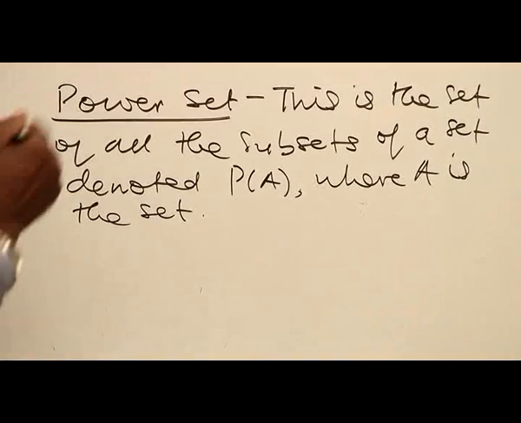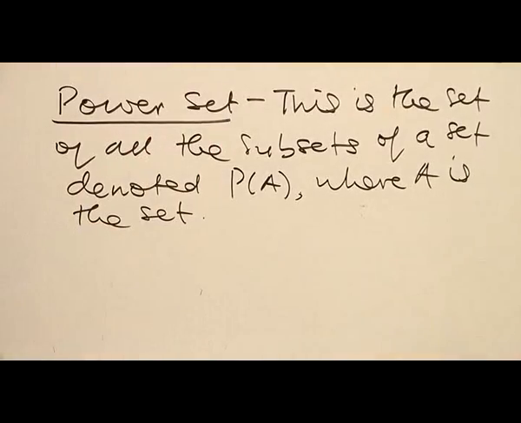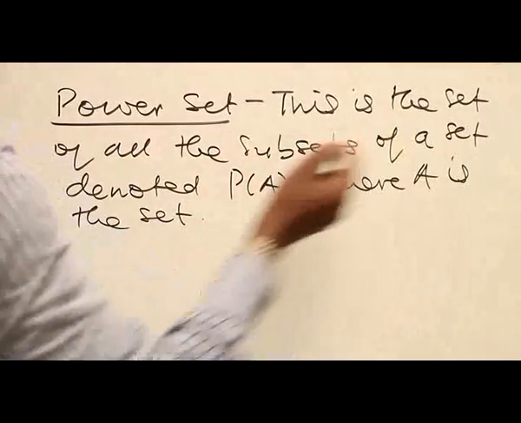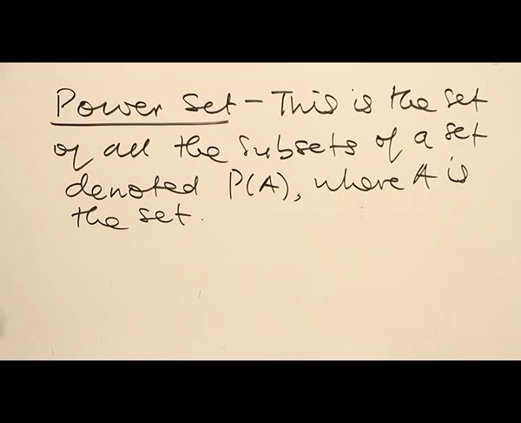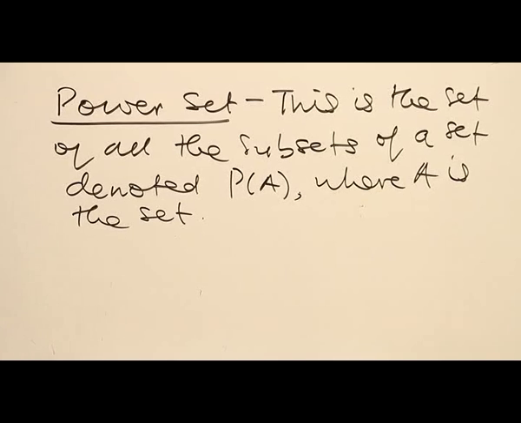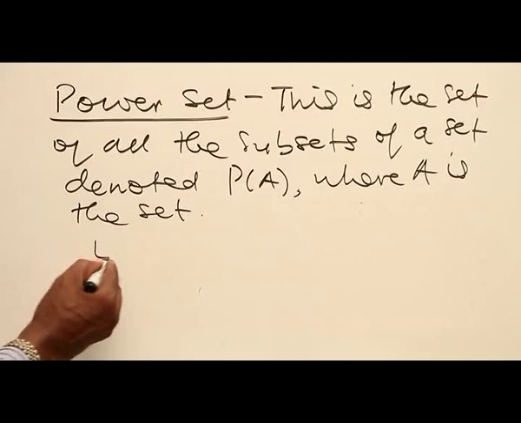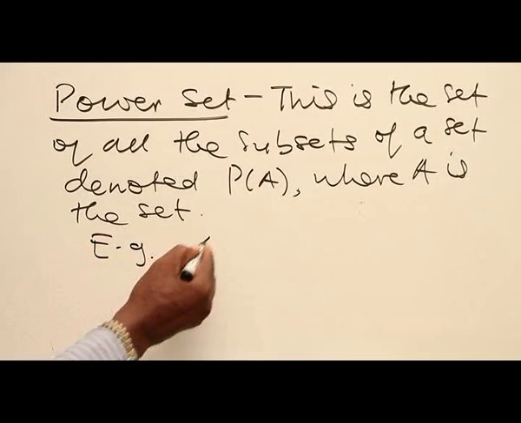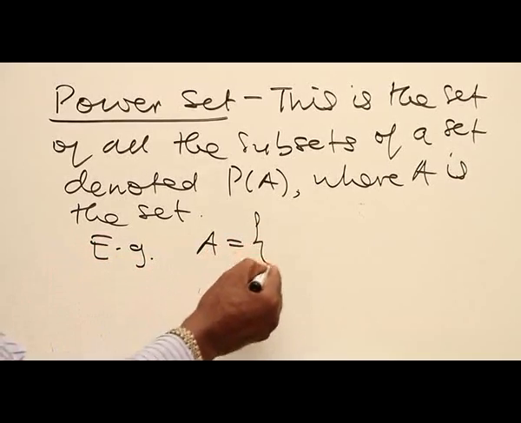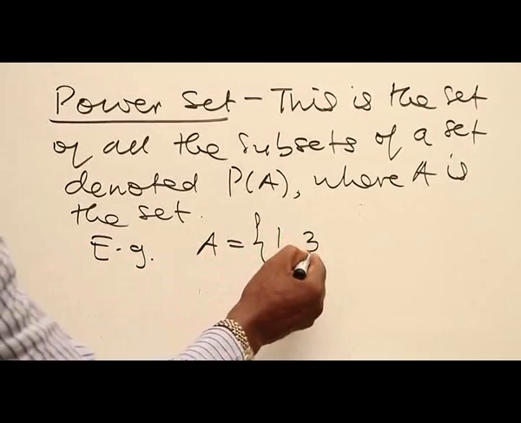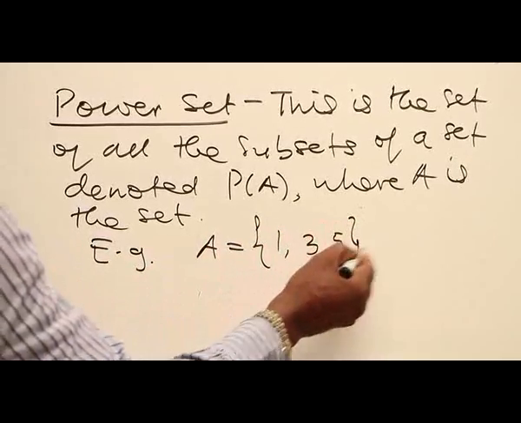Now we take a look at power set. The power set is the set of all the subsets of a set, and this is denoted by P(A), where A is the set. Let's take, for example, a set A equal to the elements 1, 3, and 5.